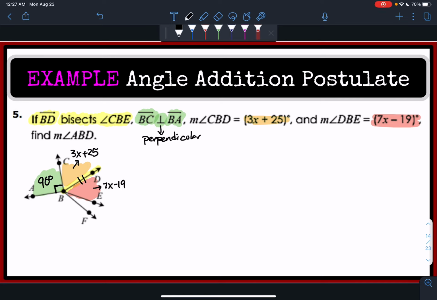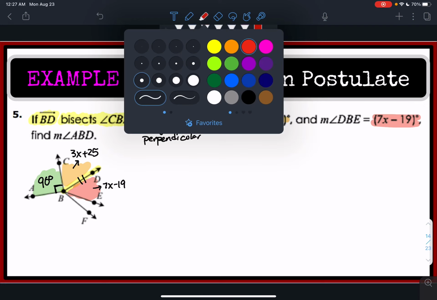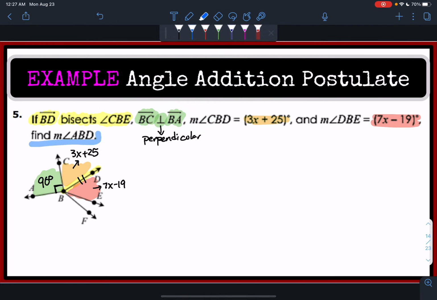So they give us all this information, and now what they want us to find is the measurement of angle ABD. So they want to figure out the measurement of these two angles right there put together.